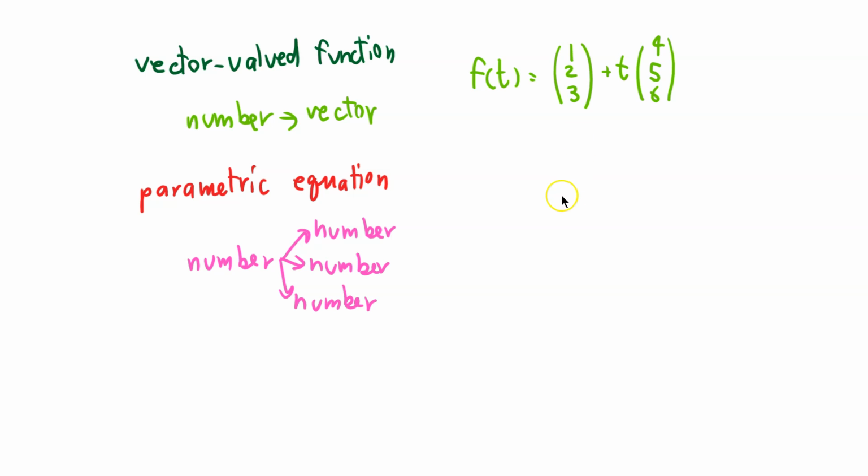In other words, I'm going to have many numbers that are dependent on this one. For example, I can have a parametric equation in terms of t, and knowing this value of t, I can tell the value for my x, my y, and my z.